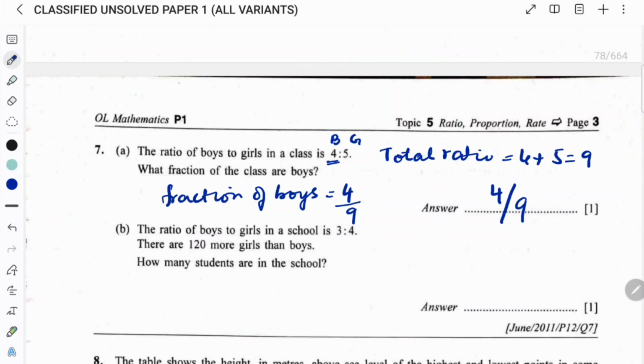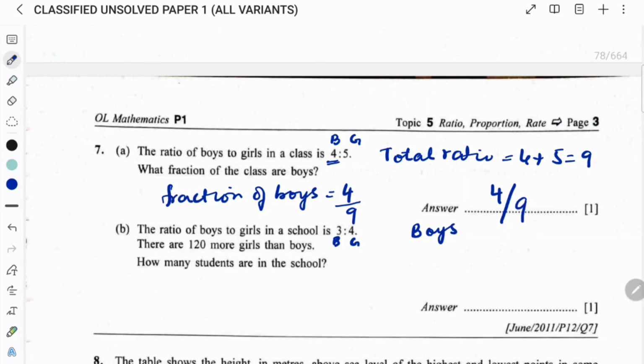Now part B, the ratio of the boys to girls in the school is 3:4. Boys to girls, remember. There are 120 more girls than boys.